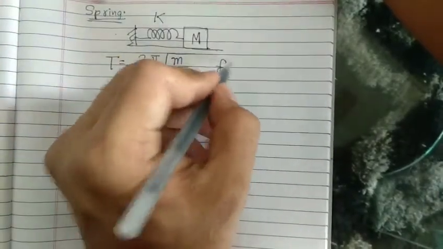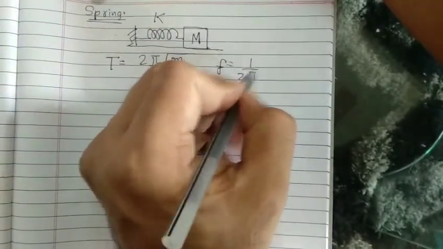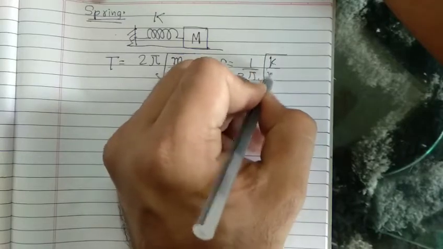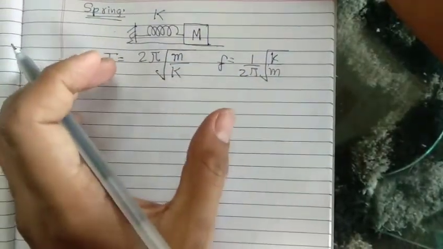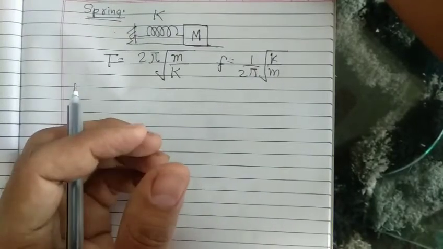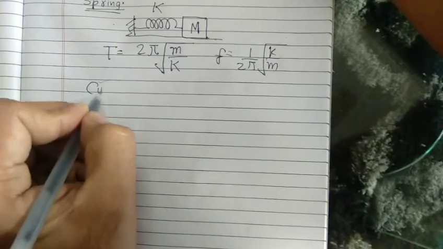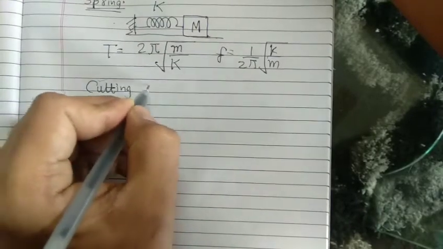And the frequency of this oscillation, the reciprocal of time, is 1 upon 2 pi root of K by m. Now, apart from these formulas, there are a few more formulas which we need to understand. Related to springs, I will tell you the next formula, that is cutting of spring.